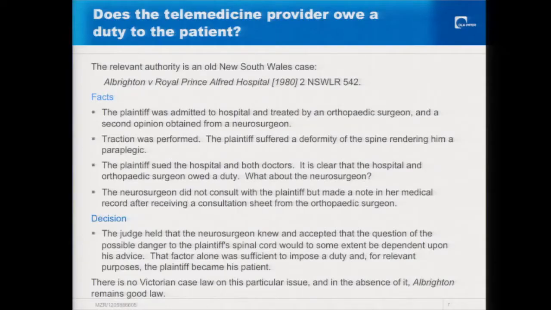The neurosurgeon didn't actually consult with the plaintiff, and all the neurosurgeon did, after a note was sent to the neurosurgeon to provide a second opinion, was make a note in the medical record receiving the consultation from the orthopaedic surgeon, and presumably there was some reliance upon the neurosurgeon for proceeding with the traction.